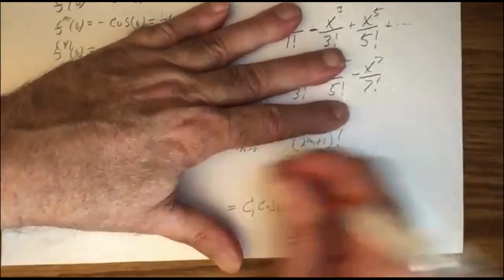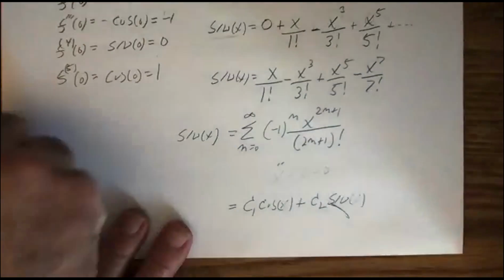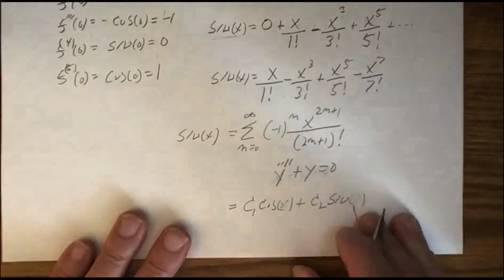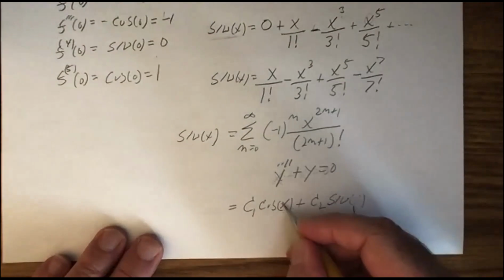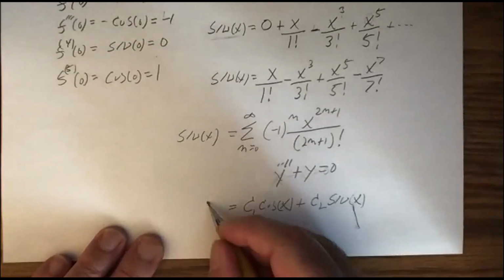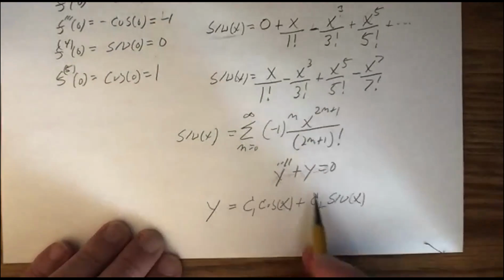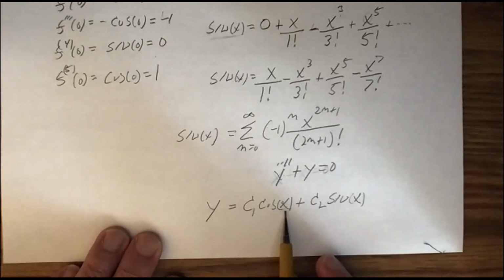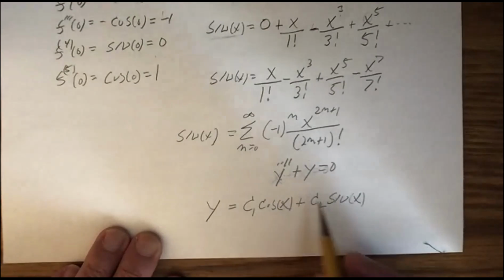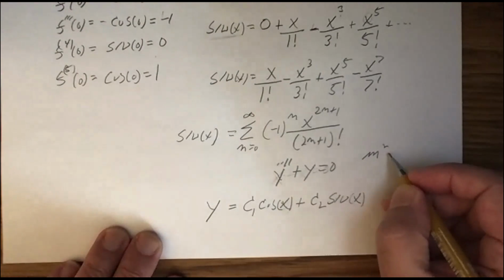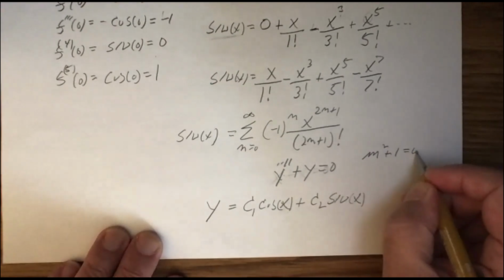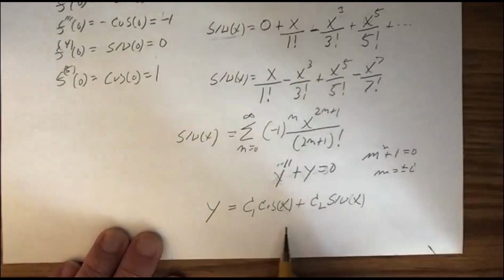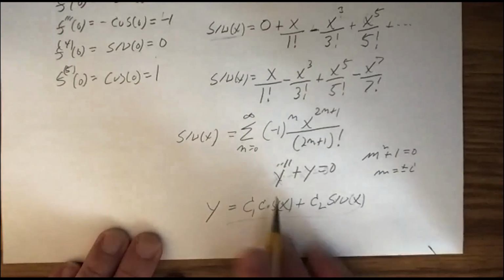Let me use y, and I'll put x in here. So the solution to this differential equation is C1 cosine of x plus C2 sine of x, right? Because this is our characteristic equation. When I bring this over to here, I get plus or minus i, and plus or minus i is going to give me this solution.